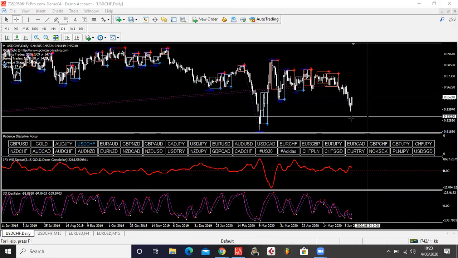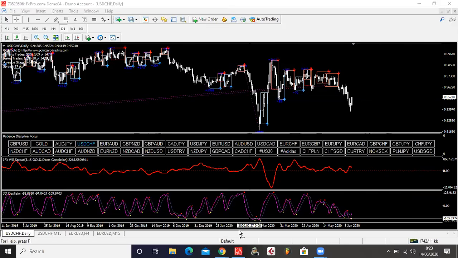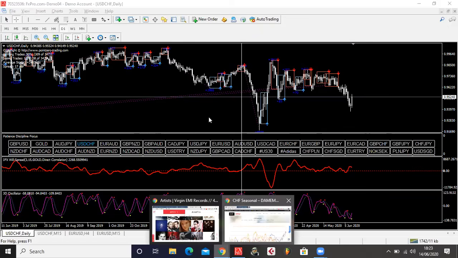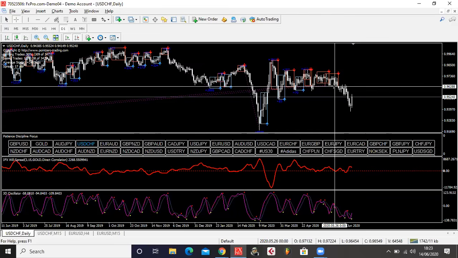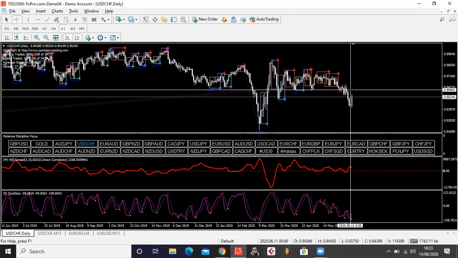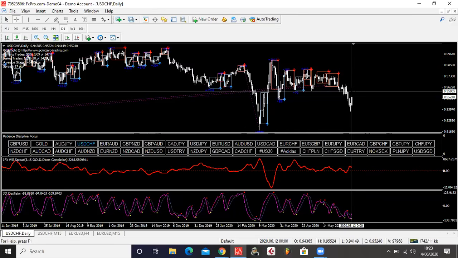So what I looked at this week was this asset, CHF. Now with the CHF, we're looking for a strength around the 12th of 06. For it to gain strength means the USD is going to fall from around the 12th.